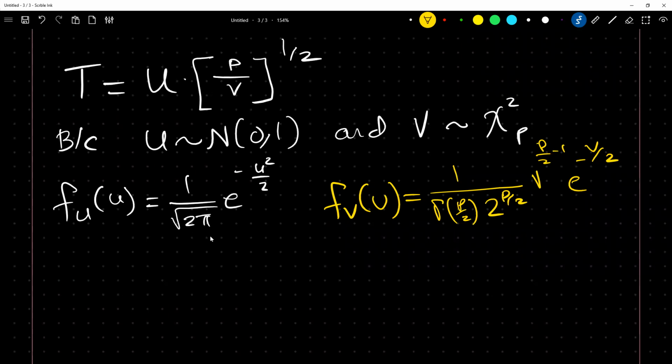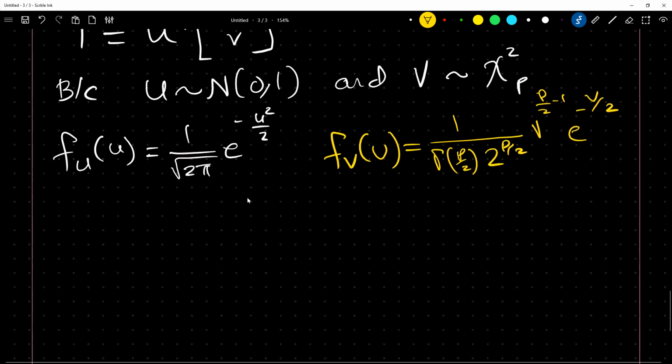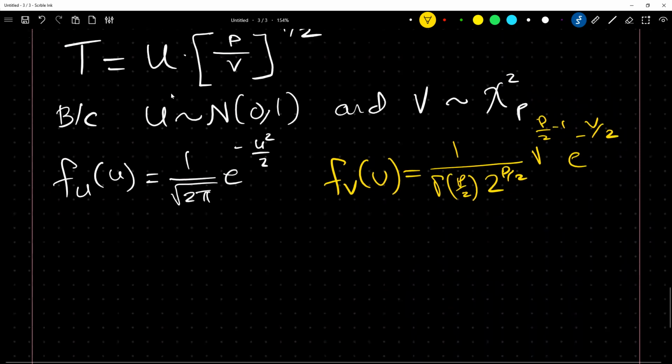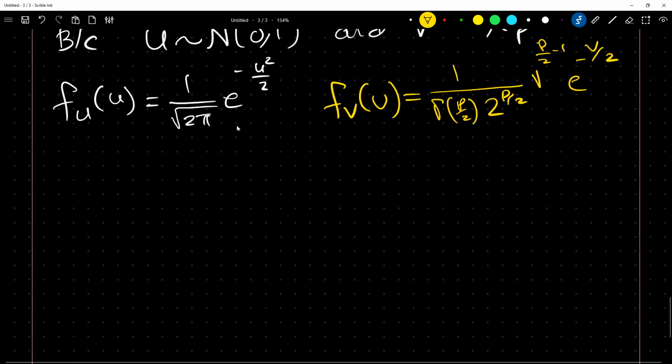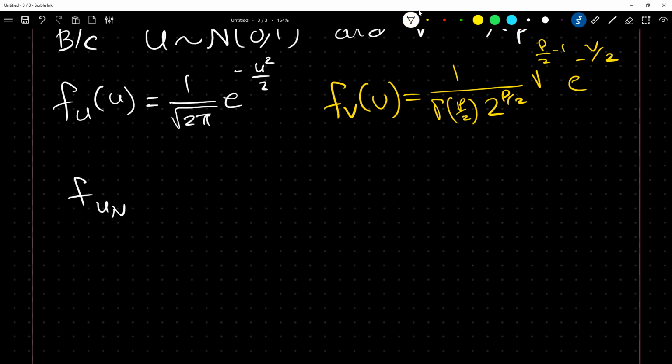Okay, so what it means is that I've got this T in terms of U and V now, and I can write down the joint probability density function for U and V. Because they're independent, it's simply going to be their product.